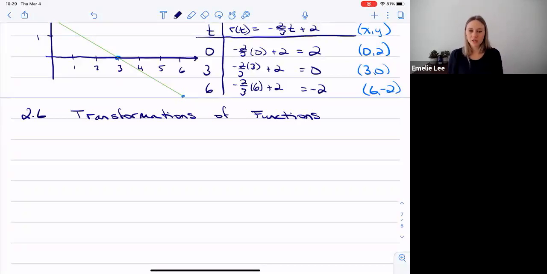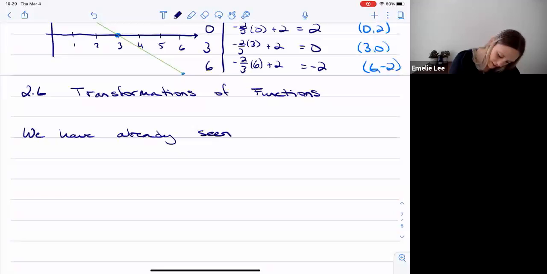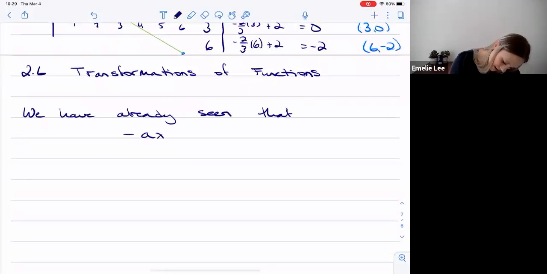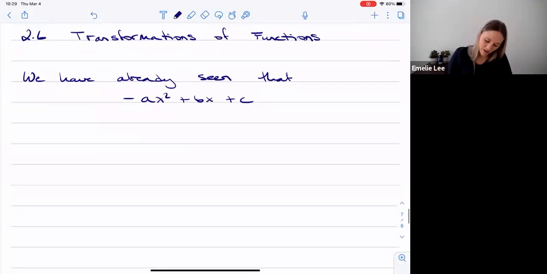Okay, so transformations of functions. We already saw that if we have a negative out front of our quadratic, then it actually flips it so it's facing down, right? So we have already seen that -ax² plus bx plus c flips our parabola, and so it's facing down.